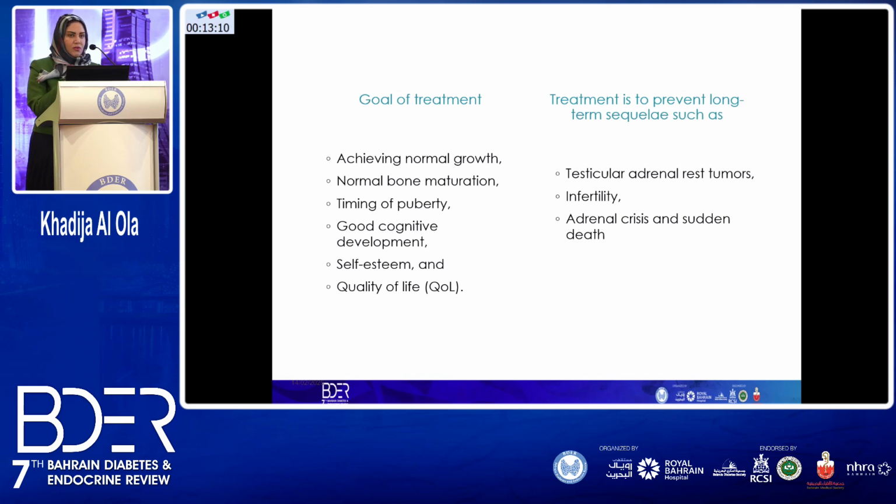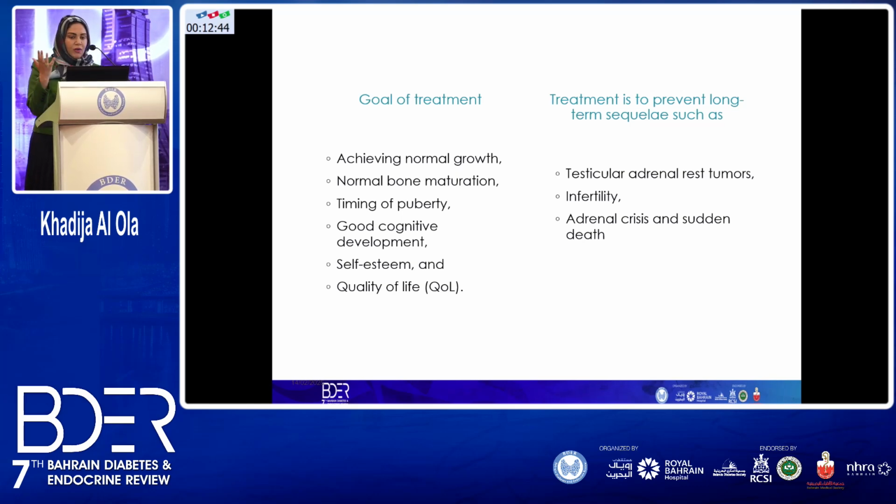Yes, it's a must to treat congenital adrenal hyperplasia because our goal in treatment is to achieve normal growth and normal bone maturation. It affects the timing of puberty and gives us good cognitive development, especially in those who present with a crisis and hypoglycemia, which can affect their cognitive development. It's important for self-esteem and the quality of life.